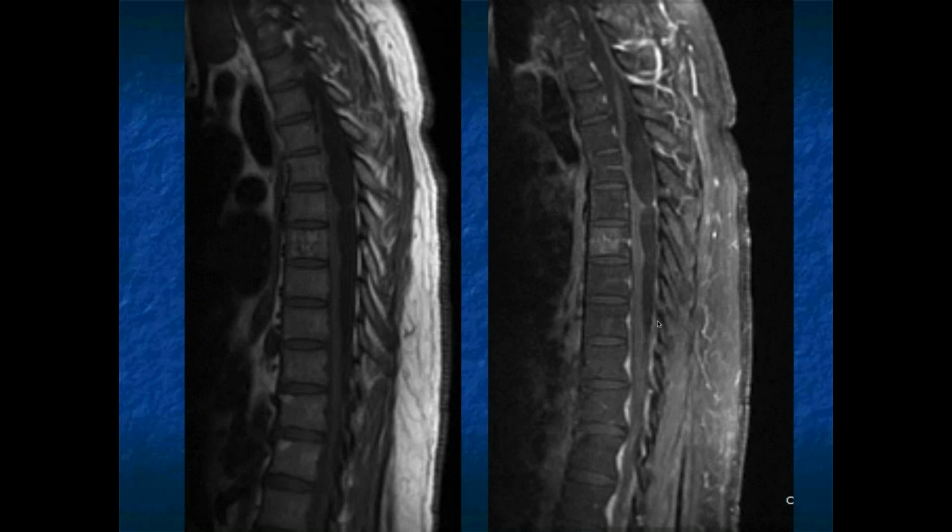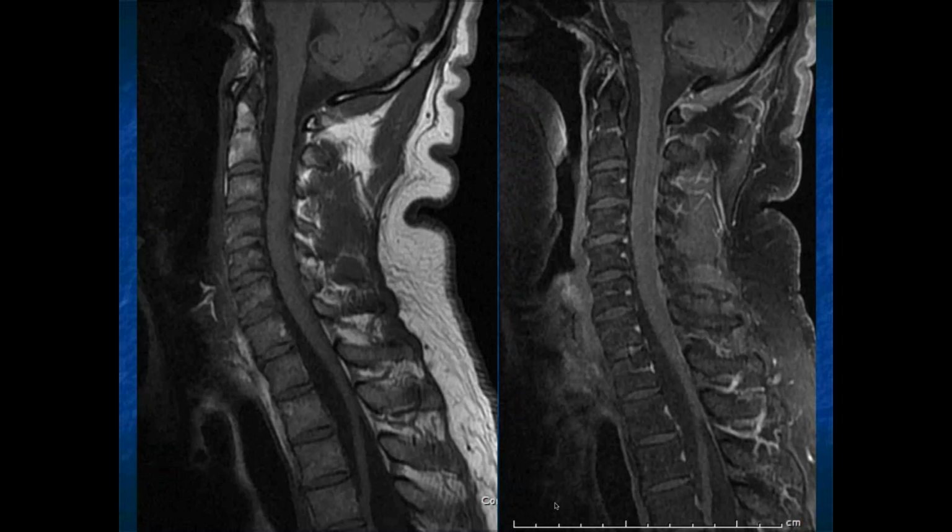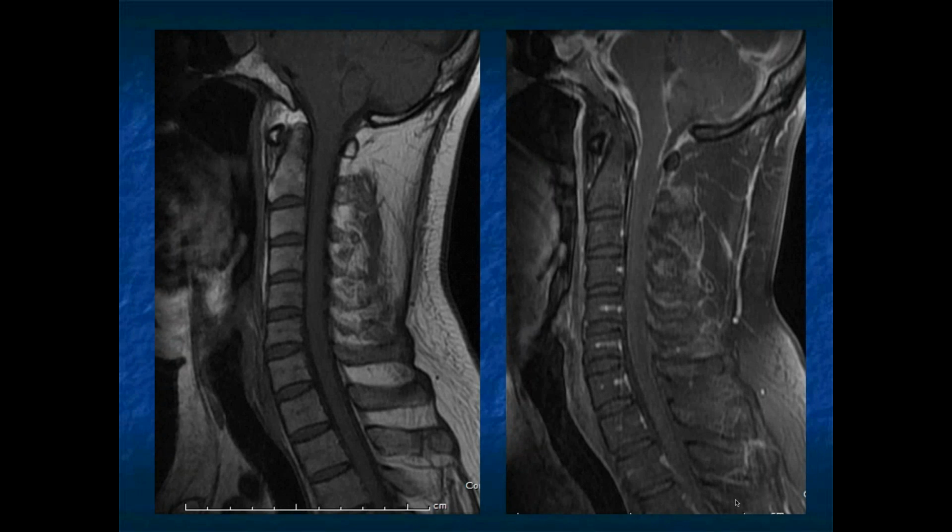And there's no enhancement on post-contrast images. So it's cystic. It's probably a hemangioma there. Right. Yeah, I think we're catching the top of the lesion there. No enhancement on the lesion.